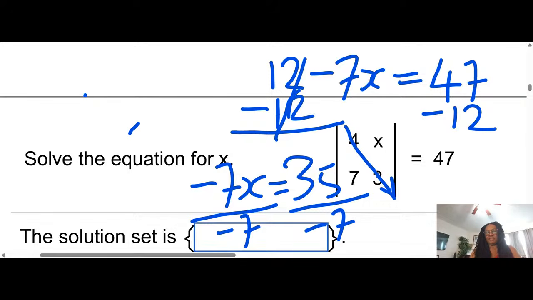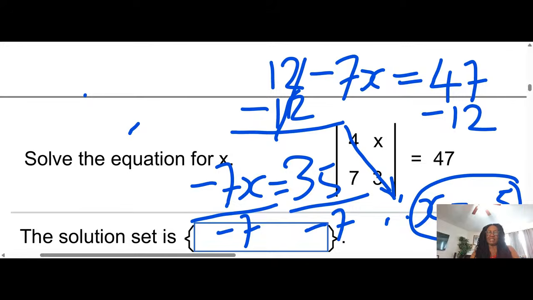If I divide 35 by negative 7, I have negative 5. Therefore, x is equal to negative 5. So this is the value of x.